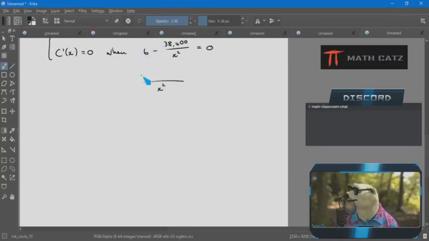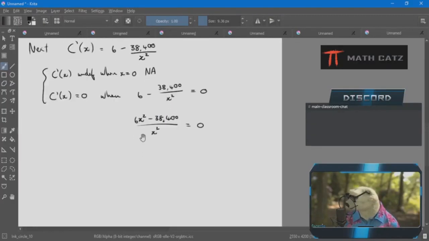Put it over a common denominator x squared, and I get 6x squared minus 38,400. It's not necessary in this case, but perhaps your derivative, you made it look like this, which might not be a bad idea. And then I'll more clearly see, oh, bottom equaling 0 is a problem. And to make the whole thing 0, I have to have the numerator equal to 0, just to relate it to things we've seen before.